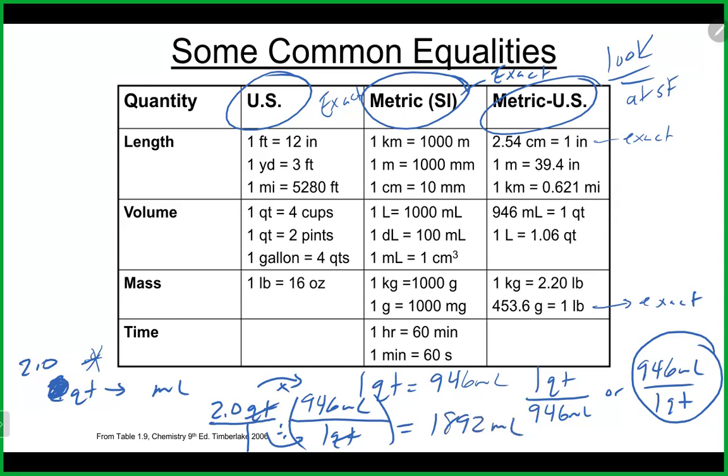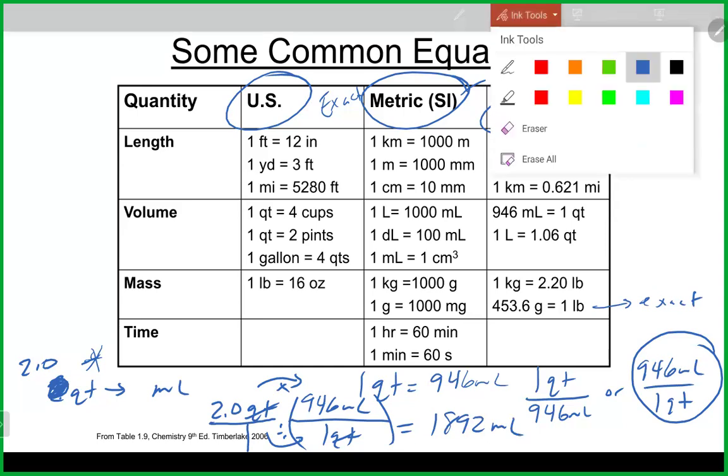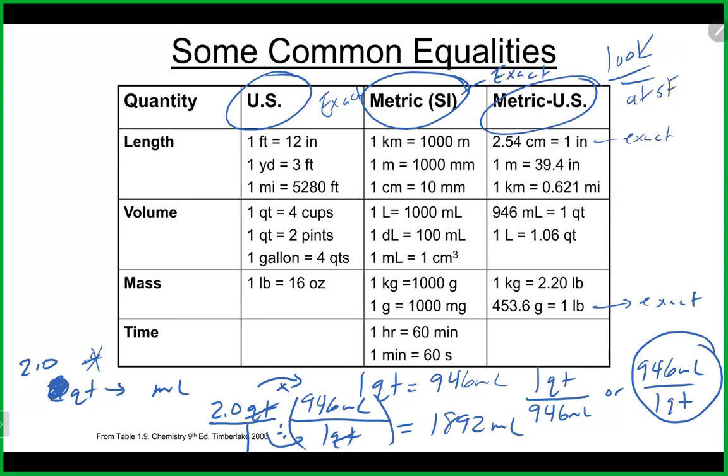So now when we do this, we do significant figures. And when we look at the significant figures, we do look at the conversion factor for significant figures. And in this case, there's usually a situation where one of the numbers in a lot of cases is a 1 and the other one's an actual number. And that is the number of significant figures you would look at. So this would be 3 significant figures based off of the 946.